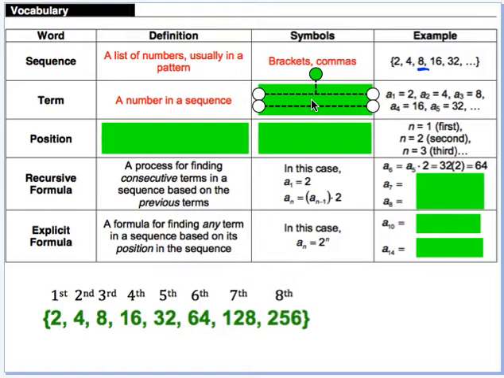When you are annotating that, you're going to use a letter or variable with a subscript. That's something that we saw in our finance unit when we were doing the balance. We said B sub 0 was the initial balance.